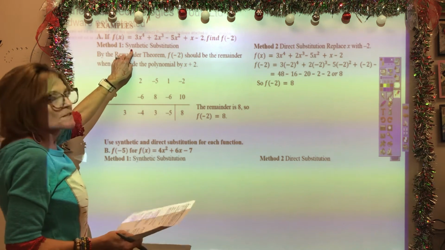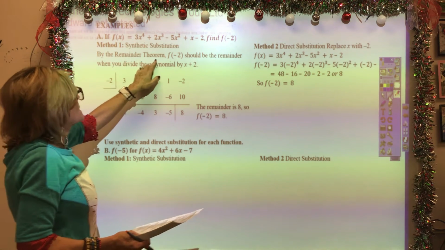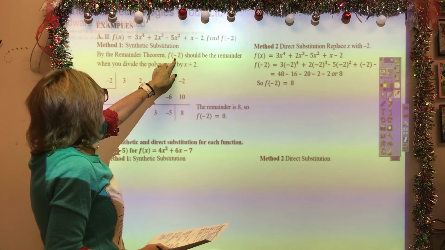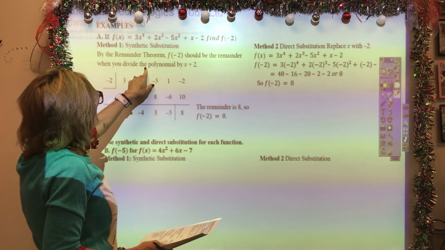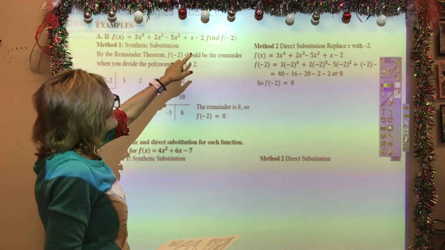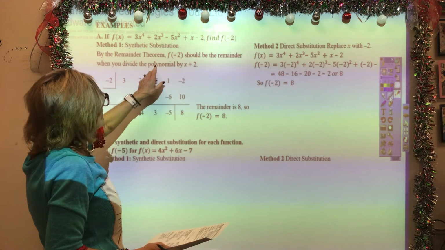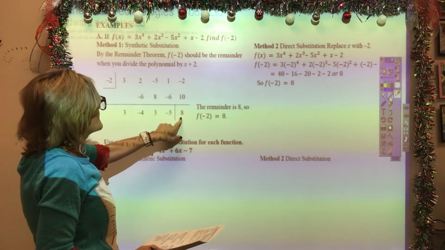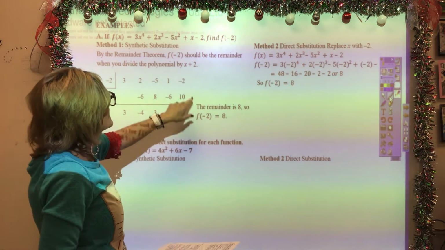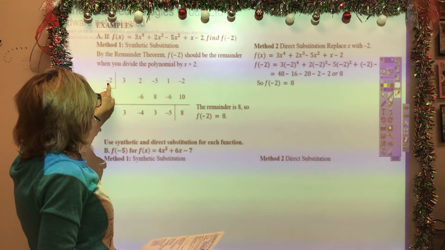Synthetic substitution or synthetic division says by the remainder theorem, f of negative 2 should be the remainder when you divide the polynomial by x plus 2. So in other words, when we plug in a negative 2, the remainder is 8. So that's the value that we get when we plug or divide the polynomial by negative 2.